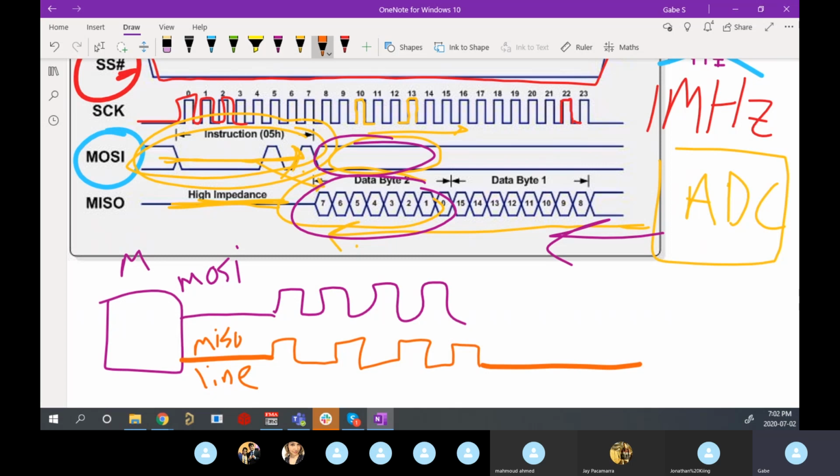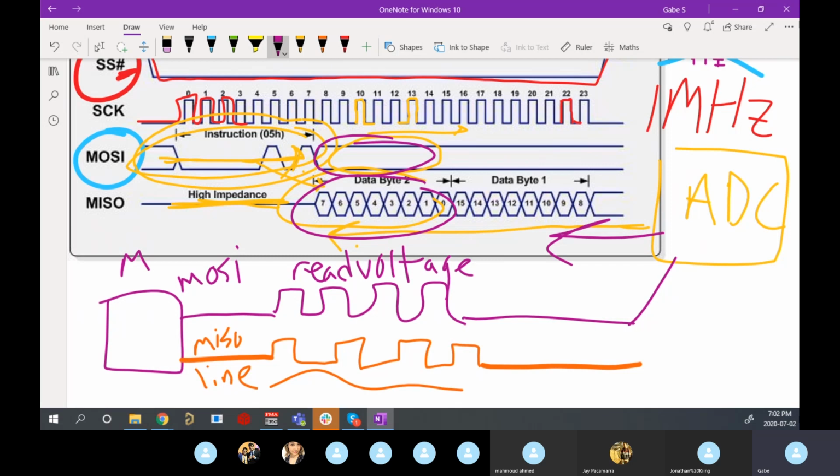So maybe the first time this doesn't really mean anything to me since I just powered up, but maybe this is an instruction that I say I want to read voltages. So I've sent this instruction, and this is all going to my slave.